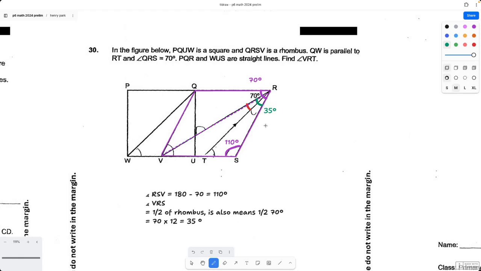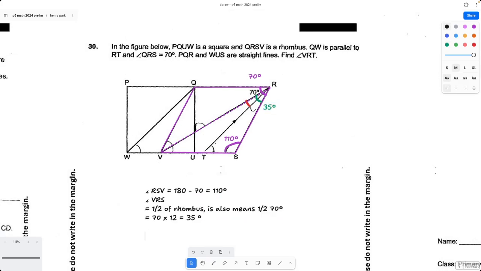Opposite sides are equal, so this is an isosceles triangle. So angle RVS is the same as VRS, which is equal to 35 degrees as well. What you see over here, this is also 35.